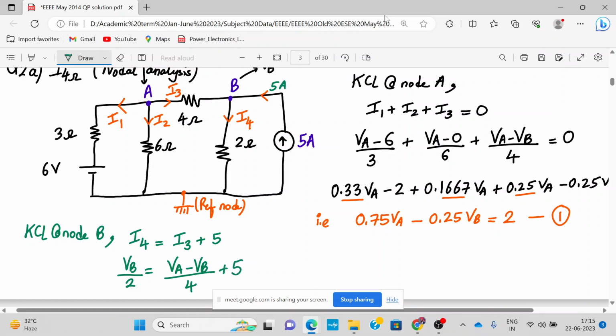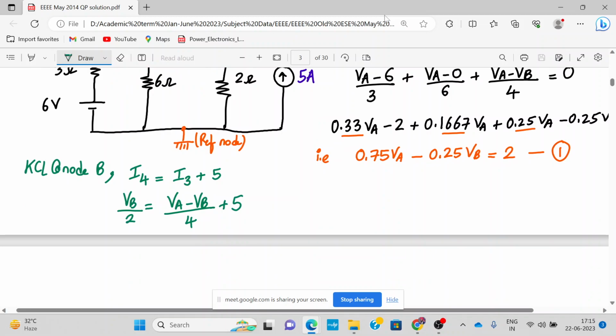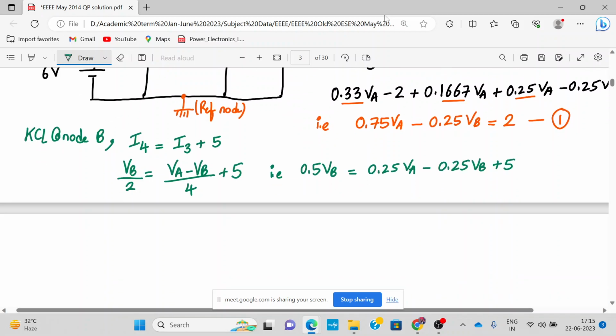If we have written this correctly, then the numerical is over if your calculations are strong. Okay, so we can simplify this further. 0.5 VB is equal to 0.25 VA minus 0.25 VB plus 5. So you can rearrange the terms.